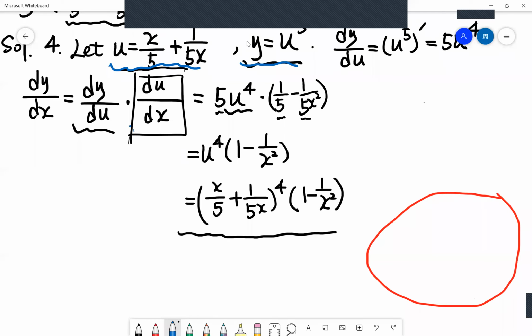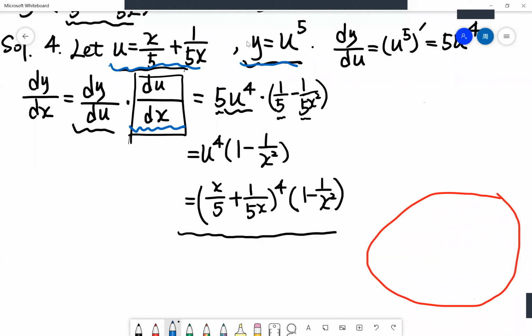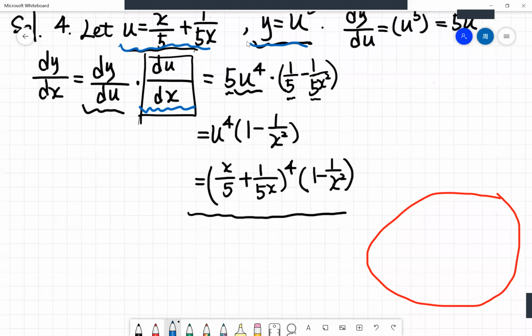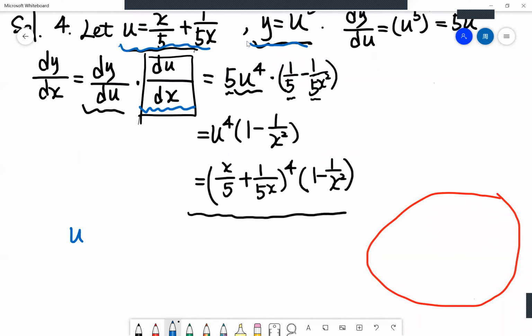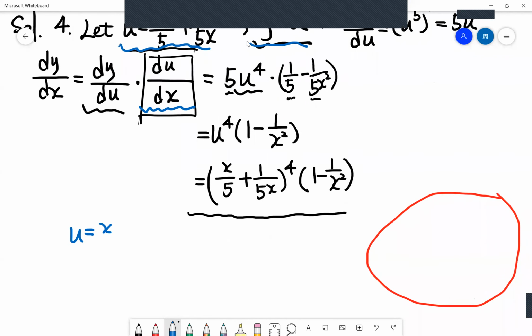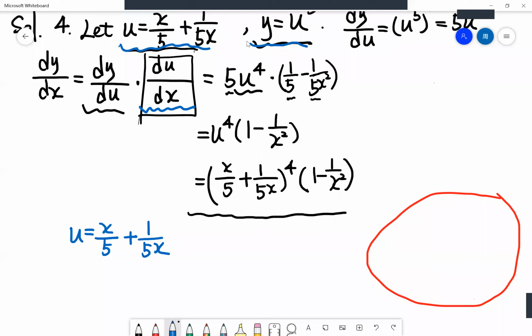So maybe you will be confused at this part, du/dx. So we write here, u equals x/5 + 1/(5x). So du/dx equals, we calculate the derivative part by part.